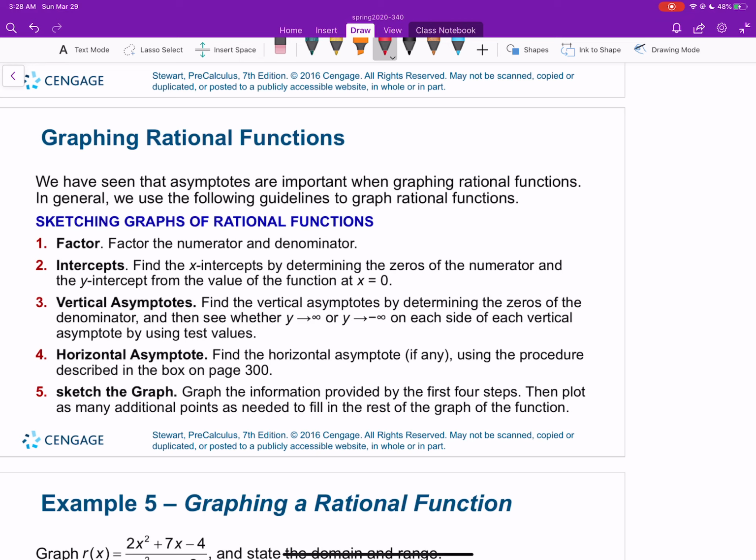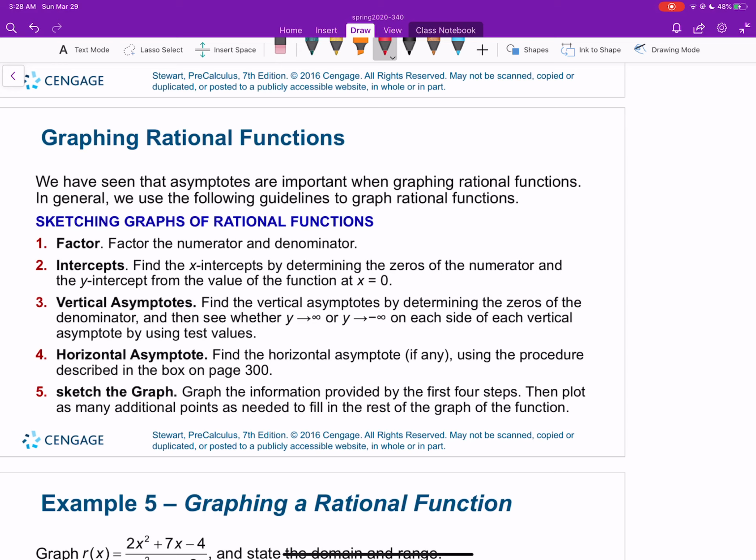Step number 4, find the horizontal asymptote. So you find the horizontal asymptote by going through the 3 different ways of finding that line. That means you're looking at the degrees of the numerator and denominator. If the degrees are equal, then you look at the coefficient of the leading term, and that becomes the equation of the horizontal asymptote.